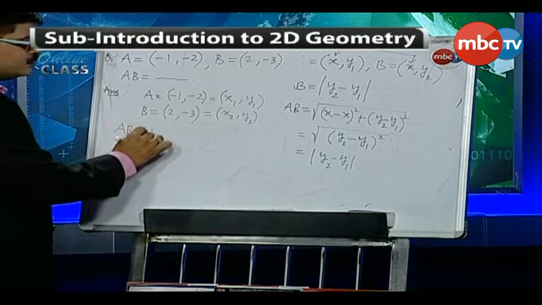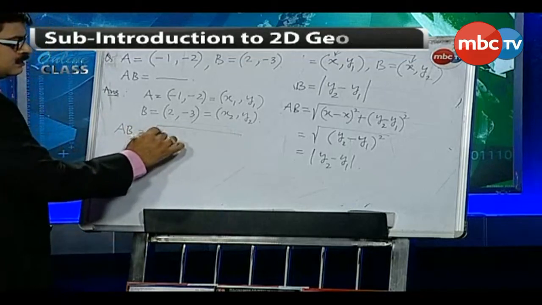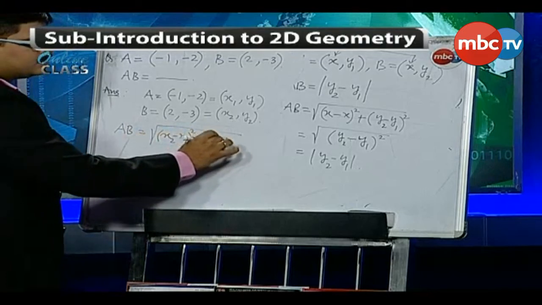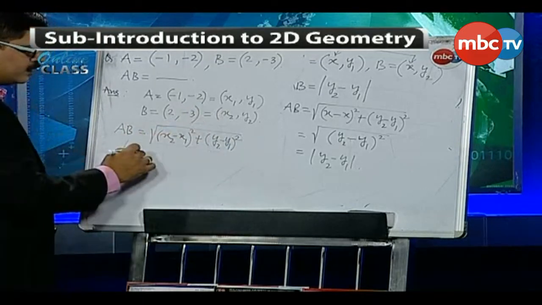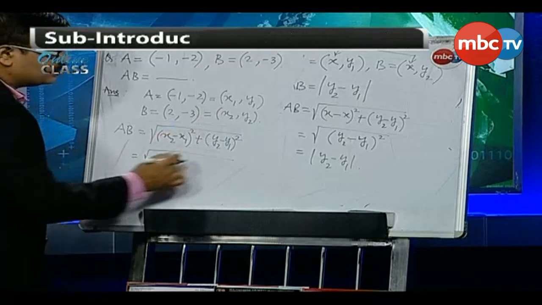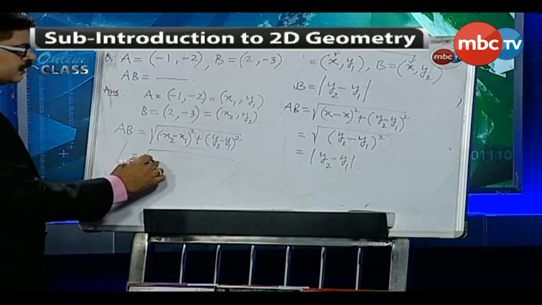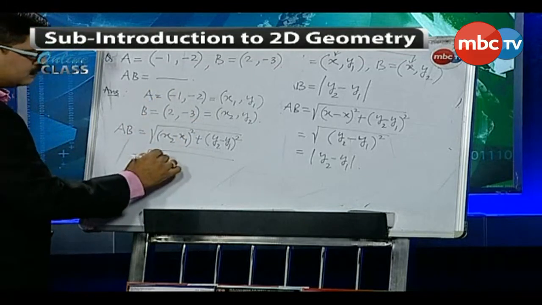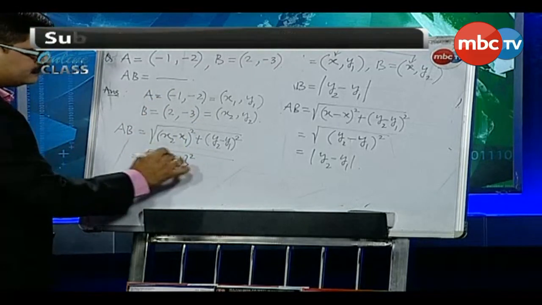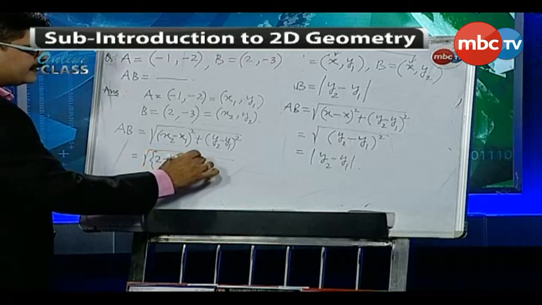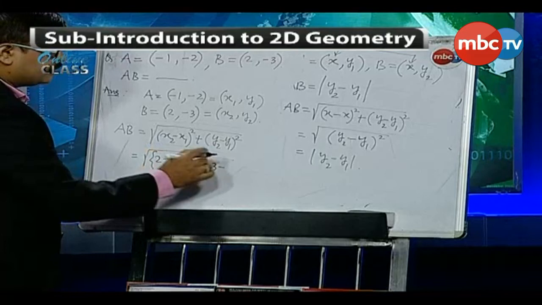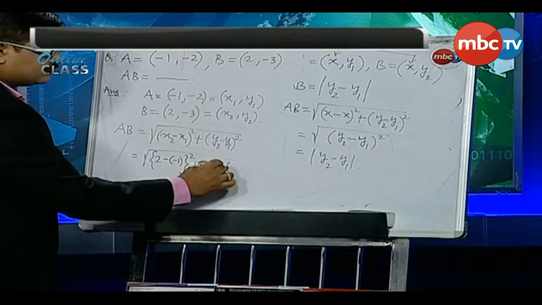Then AB distance will be square root, same, (x2 minus x1) square plus (y2 minus y1) square. We have taken the square root again. So square root of what? x2 is 2 minus x1 is minus 1 here. So minus 1, let me write, plus y2 is minus 3 minus y1 is again minus 2.